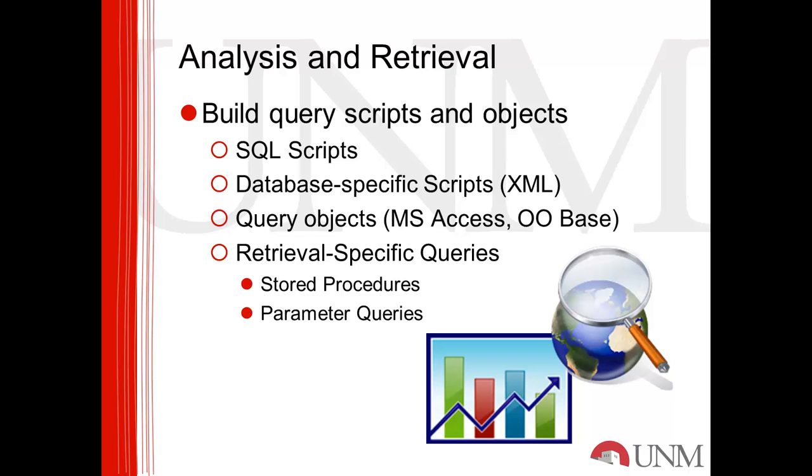And then there are also specific types of queries depending on your database application. So for example, a query that allows somebody to input values for what they're searching for, like title or author, is called a parameter query. And we'll talk about this more in the exercises.